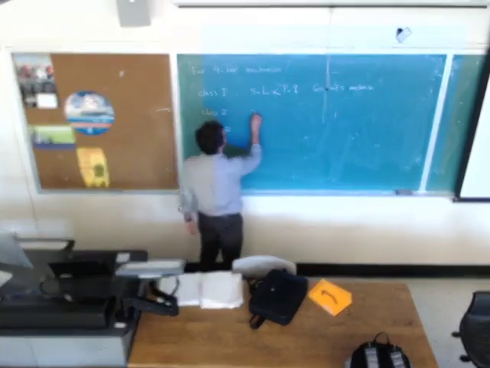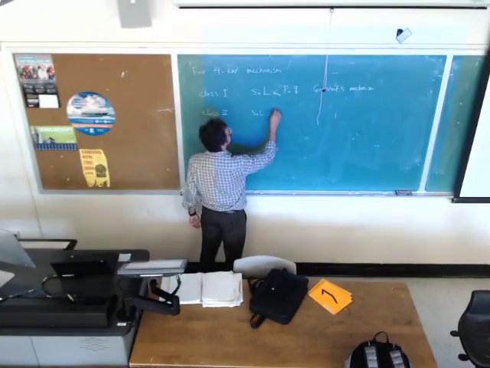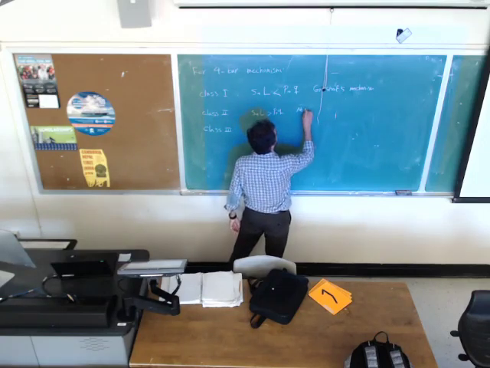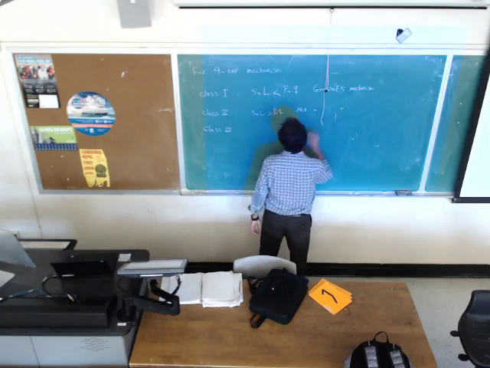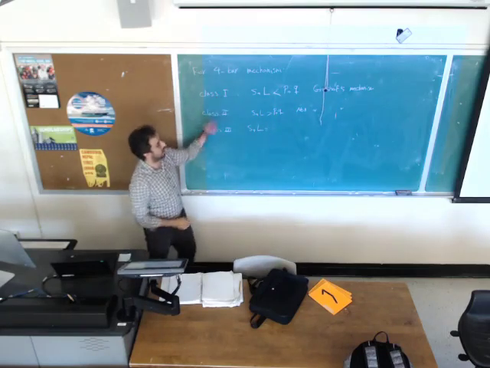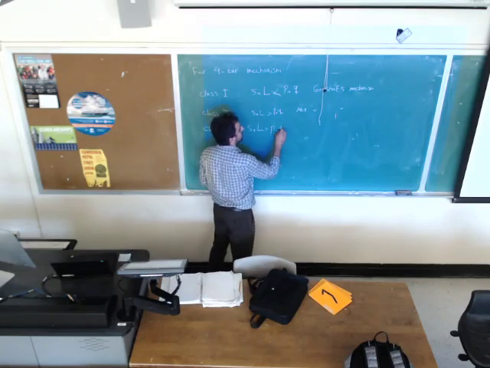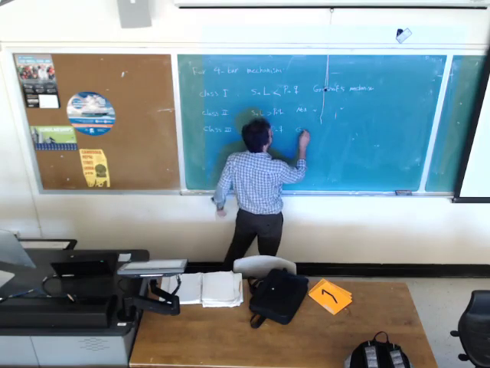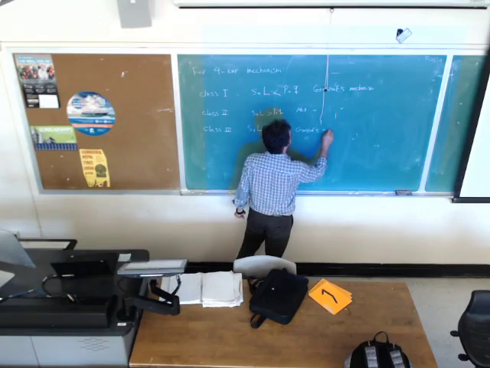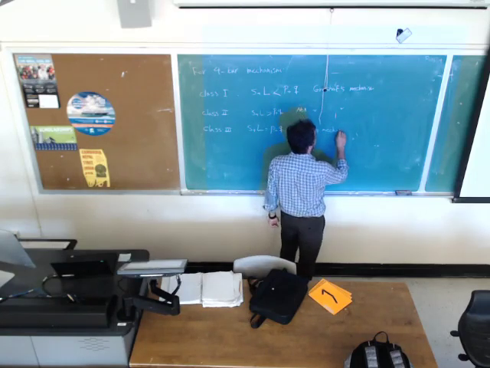Class 2 is when S plus L is greater than P plus Q, a non-Grashof mechanism. And class 3 is just a special case of class 1 where these two are the same. Grashof mechanism, it's suffering from change point.